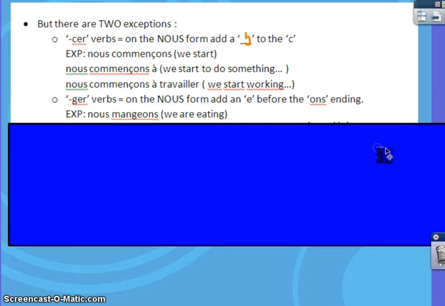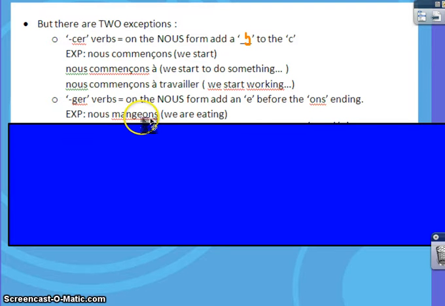GER verbs also have a slight exception, and that is that in the nous form only, you don't drop both the E and the R. You just drop the R, and you have to leave that E in there. So if you want to say something like we are eating, I went ahead and let you make the mistake earlier in the year, but from here on out, so that you're not pronouncing it wrong, after je mange, tu manges, il mange, it's not "mangons" with a hard G sound.